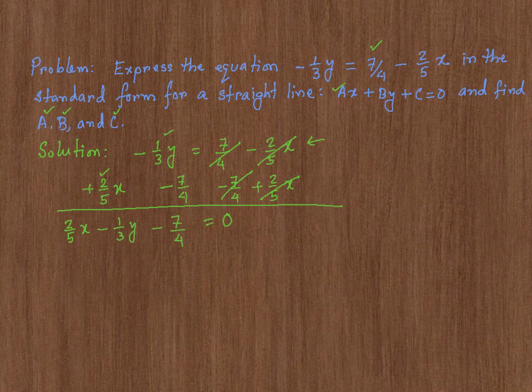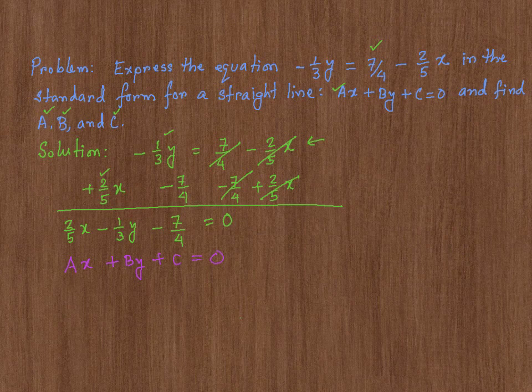None of the terms are like terms on the left hand side, so we just write the terms. Now we have it in the standard form, which is ax plus by plus c is equal to 0.